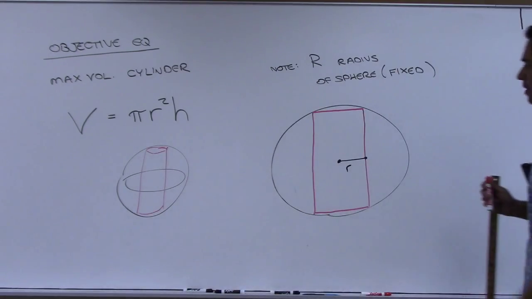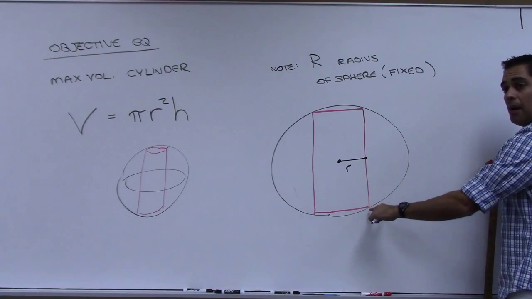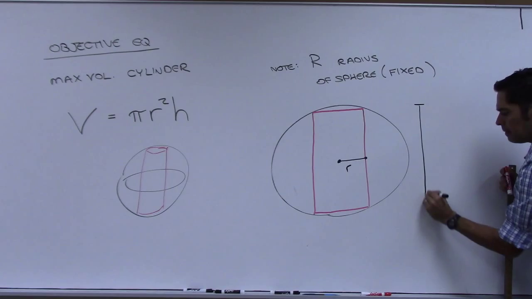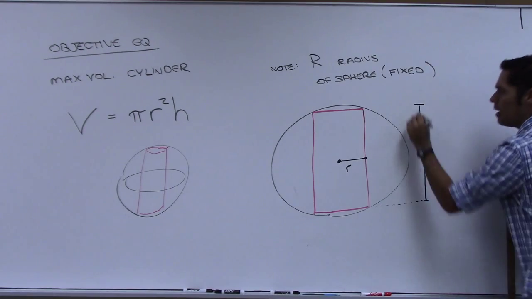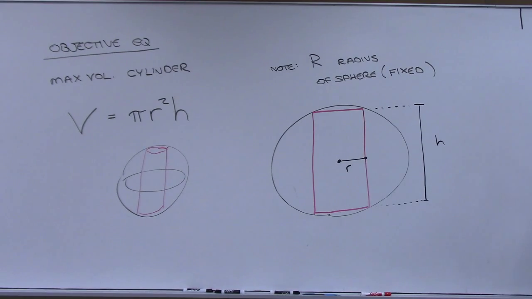What else do I know on this picture? The height, which is from here all the way to here, which is h. I agree. What else do we know? Would h equal 2r or 4r?